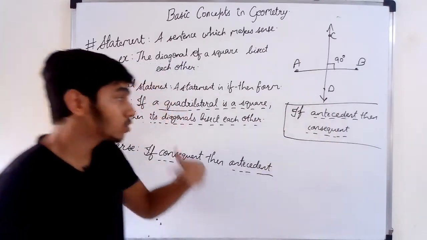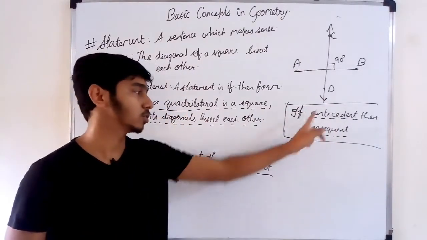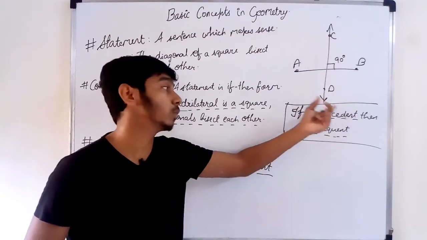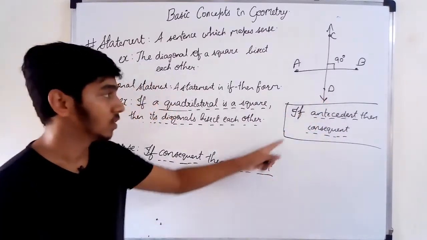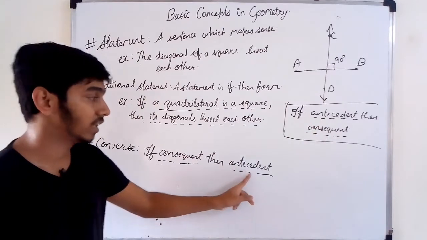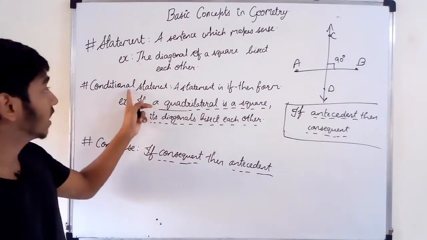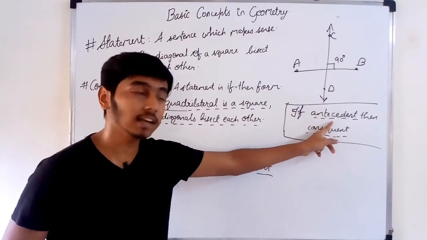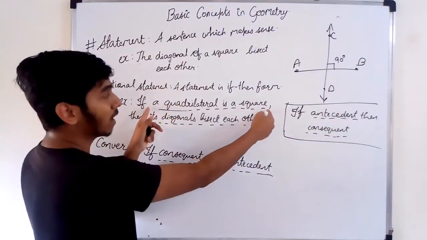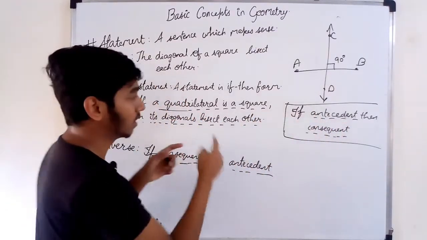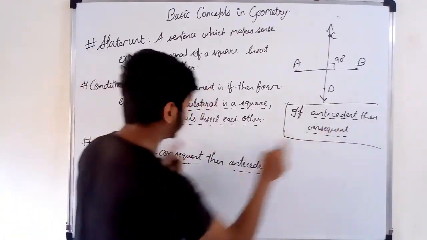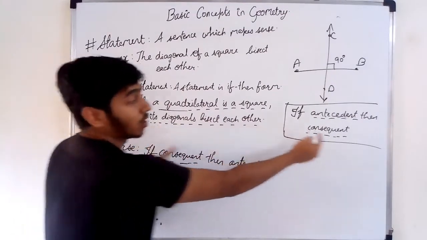This part is converse, means ulta. So we write antecedent in place of consequent and consequent in place of antecedent. So the antecedent comes after then, whereas in the conditional statement, the first part after if is the antecedent. Okay, I hope you are understanding, not getting confused. And then after then, the part which comes is called consequent.